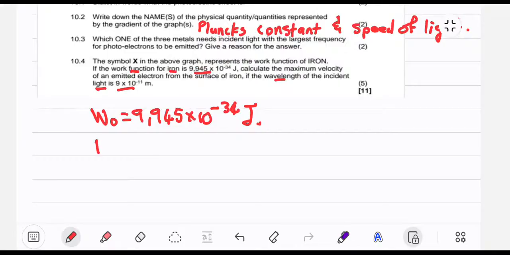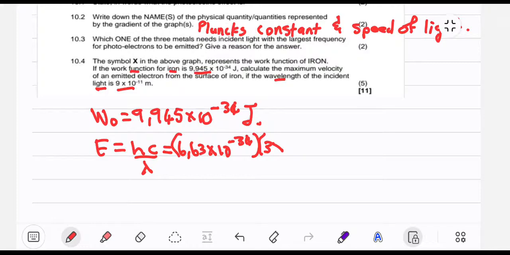Now I'll find the energy of light. Energy of light is hc over lambda. h is 6.63 times 10 to the negative 34, c is 3 times 10 to the 8, all over lambda.